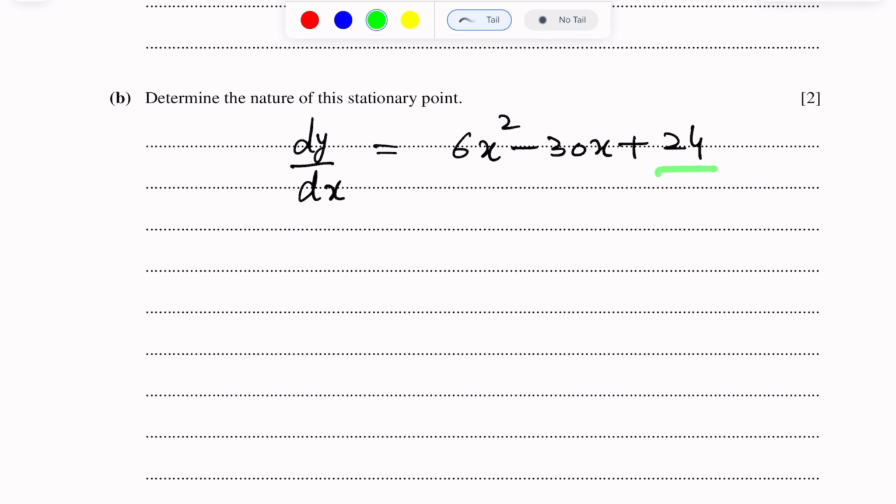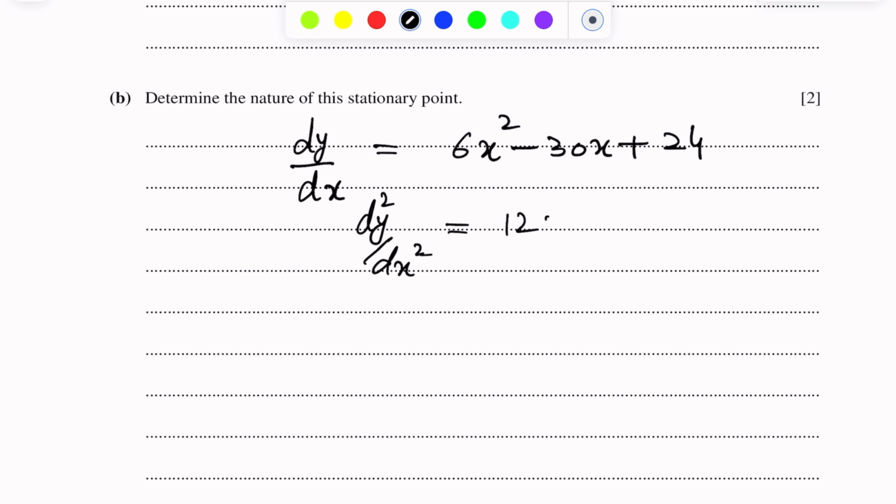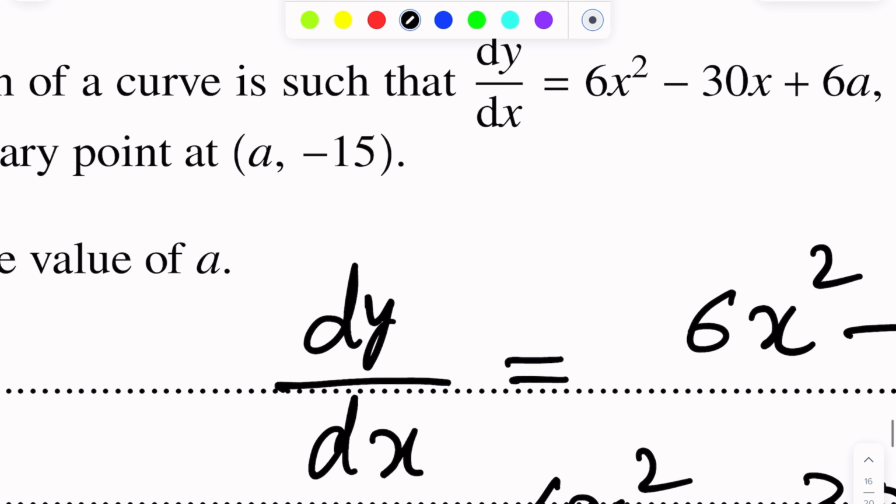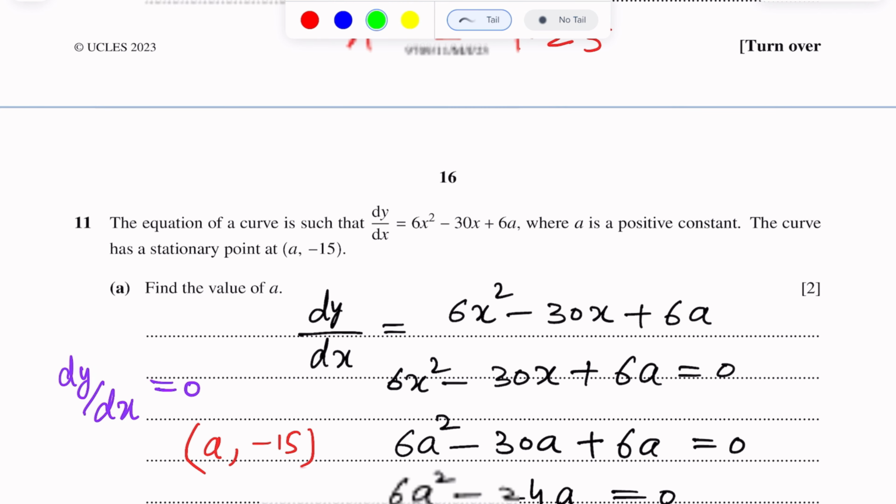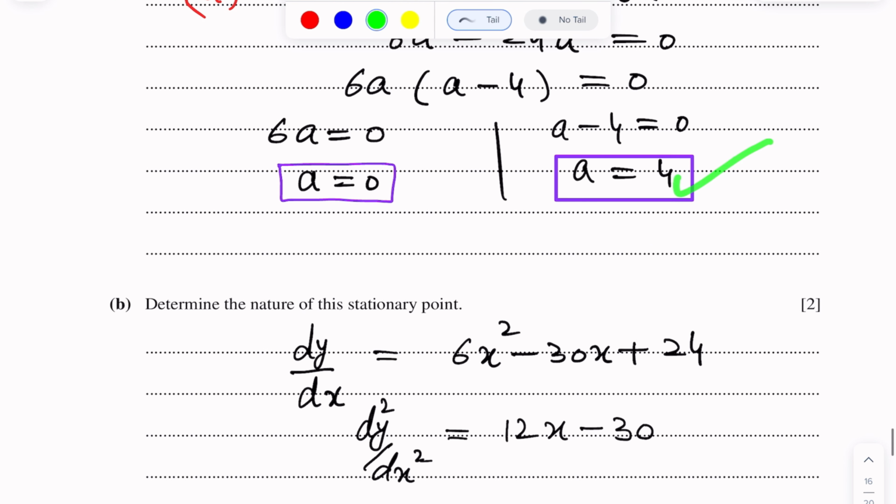Taking the double derivative, we are again differentiating with respect to x. We get d square y over dx square equal to 12x minus 30. Now we will put in the stationary point. The x coordinate of the stationary point is a, which we have found, that is 4.